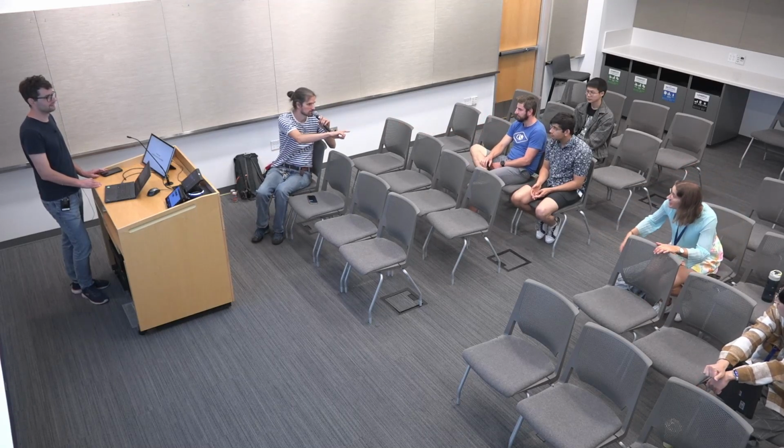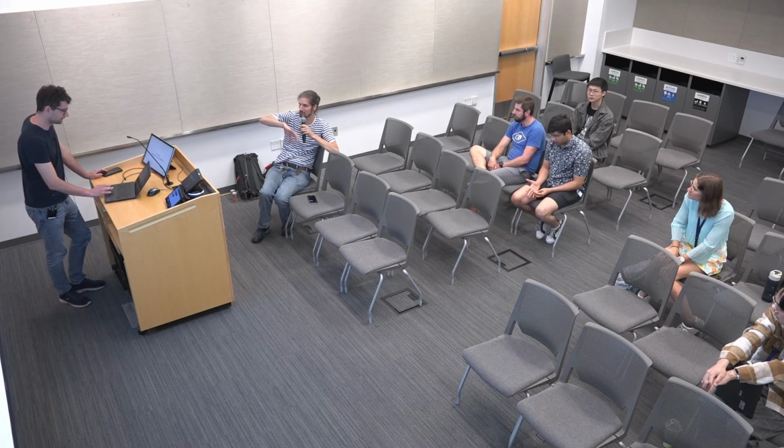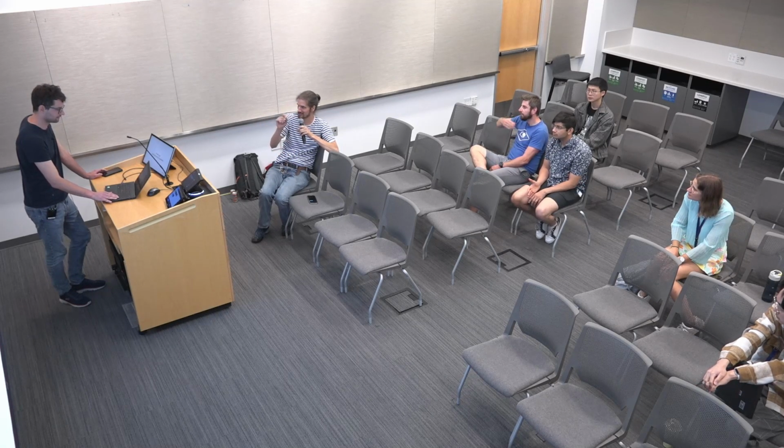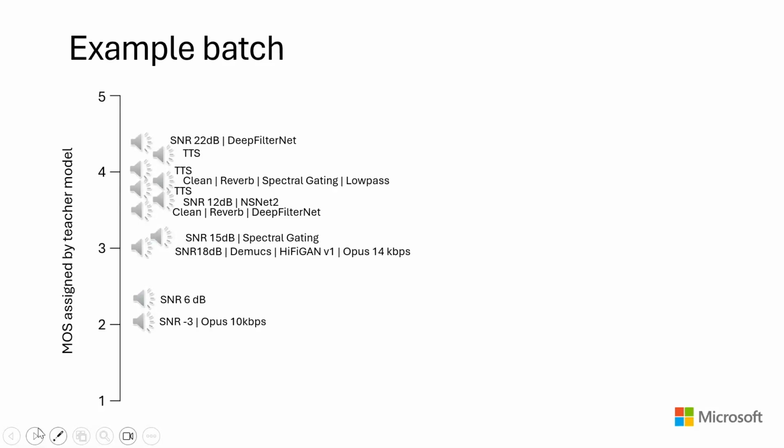Maybe can I ask, just as a follow-up to what Sebastian said? I thought the slide where you showed, I don't know if it was a random batch or if you handpicked some samples, I think it would be interesting to actually have a couple of judges judge those samples and see if you get that same ranking. These are the teacher MOS labels, but they would correspond to ground truth MOS scores from different test sets with different types of tasks or degradations.